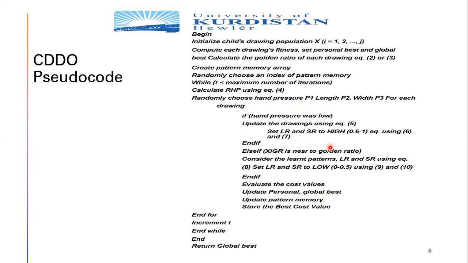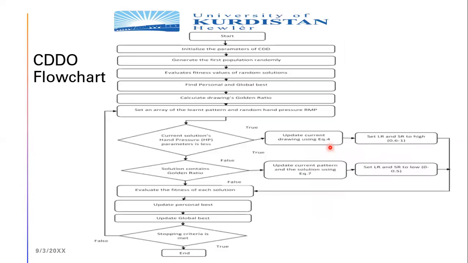So here is the flowchart for the algorithm. We start the algorithm, we initialize the parameters, we get the population randomly, and we evaluate the fitness function for each drawing. And then we try to find the best solution, or find personal and global best.